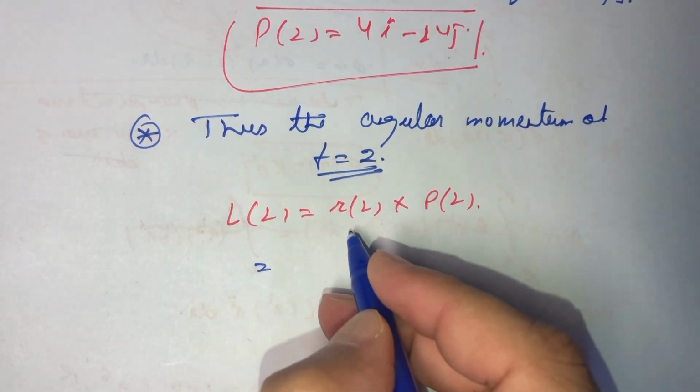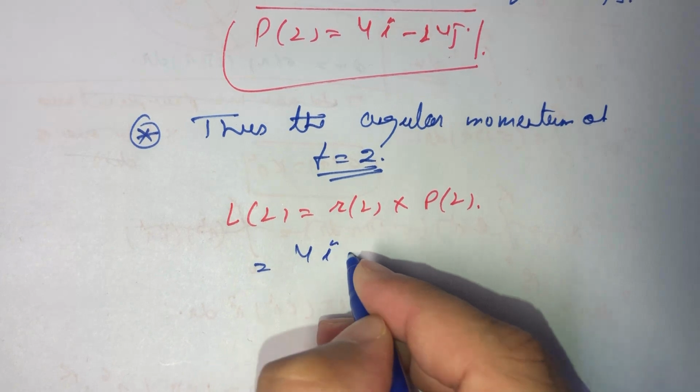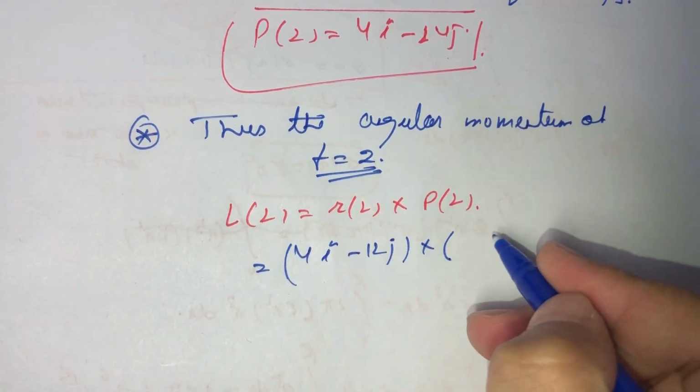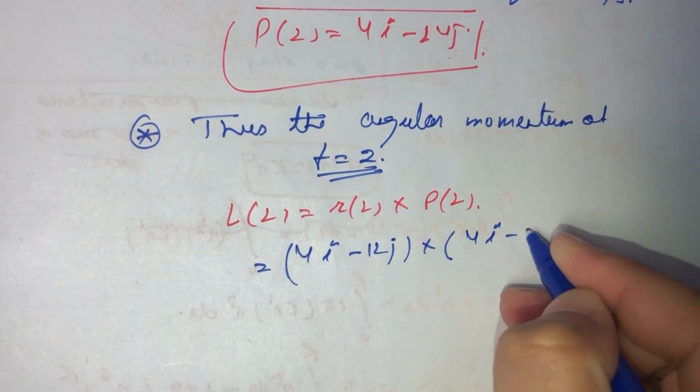So we know R at 2 is 4i minus 12j, cross P at 2, which we already calculated, is 4i minus 24j.